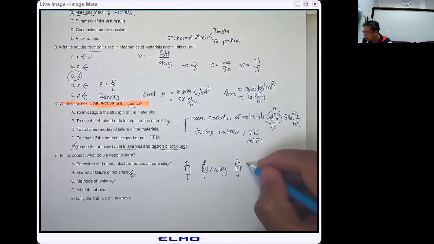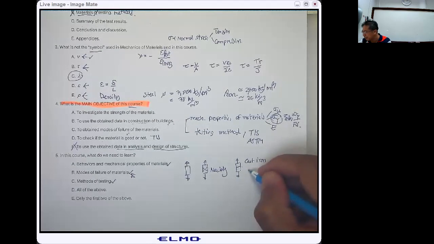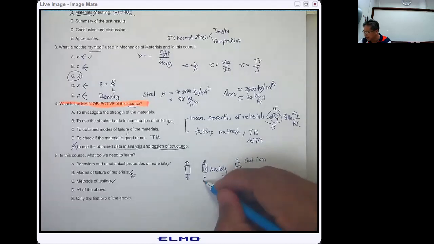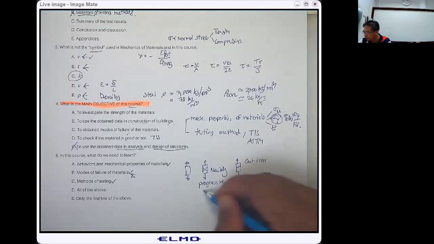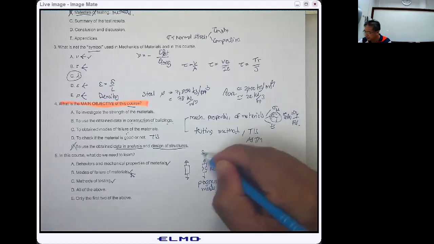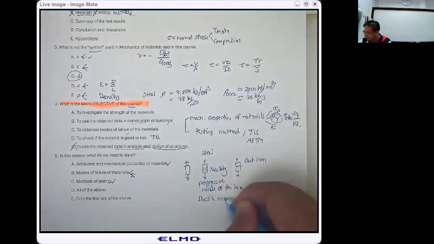So for the cast iron, the failure is going to be abrupt failure, but for the steel, the failure is going to be a progressive mode of failure, because the steel is a ductile material.